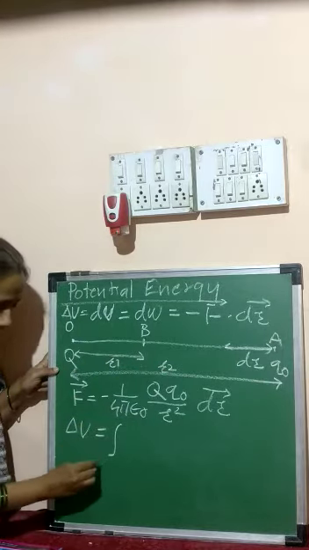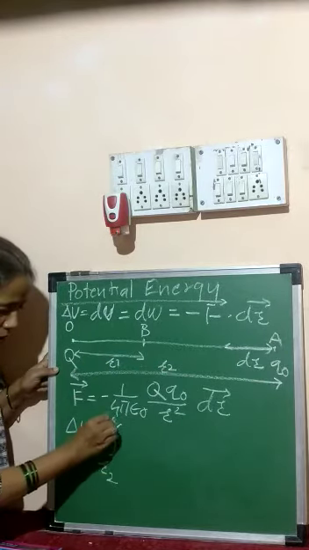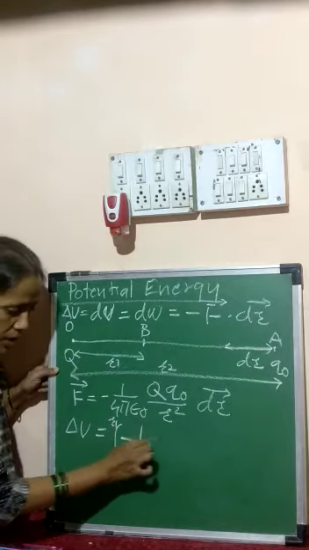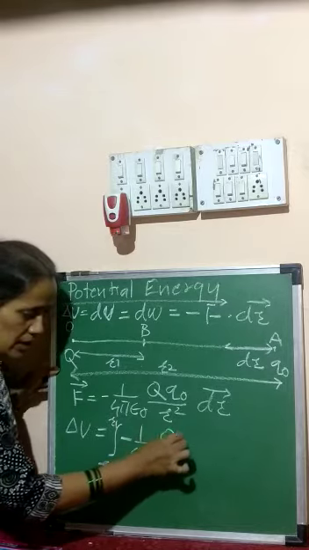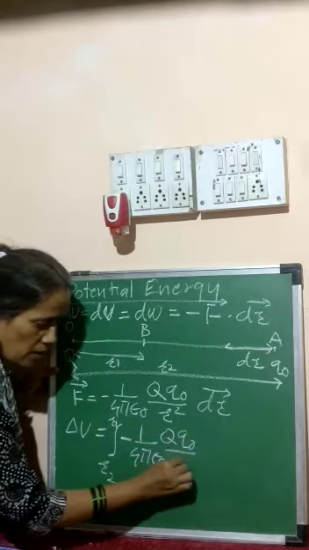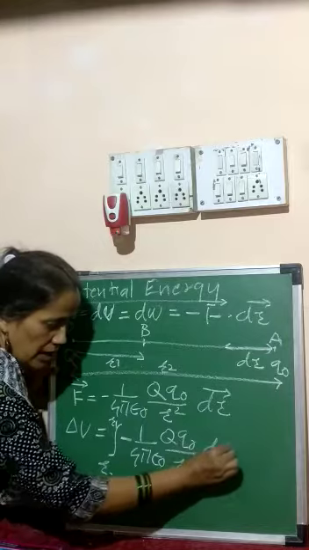The limits are from R2 to R1 of minus 1 upon 4 pi epsilon naught Q Q0 upon R square into dr.